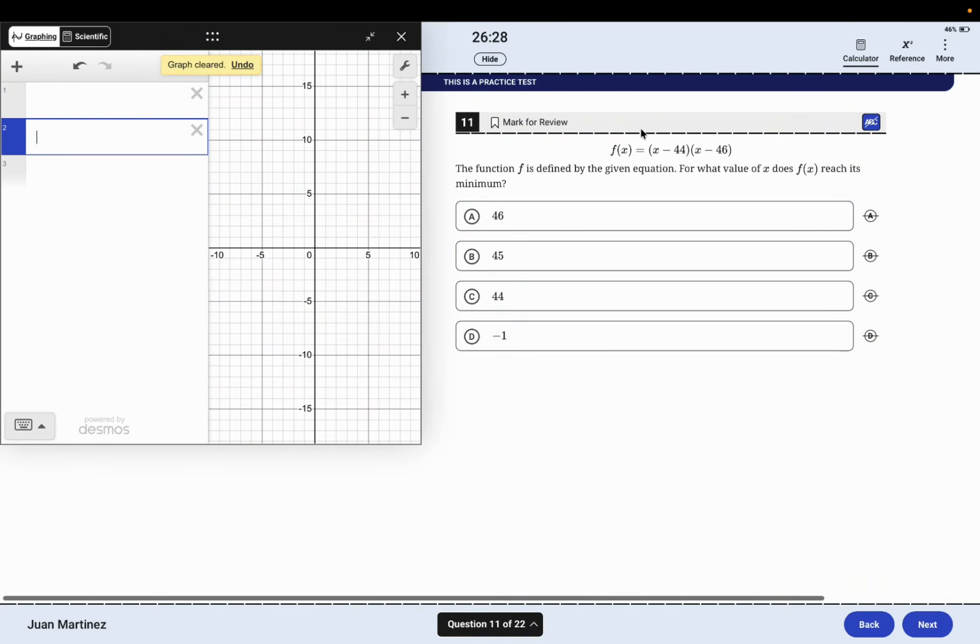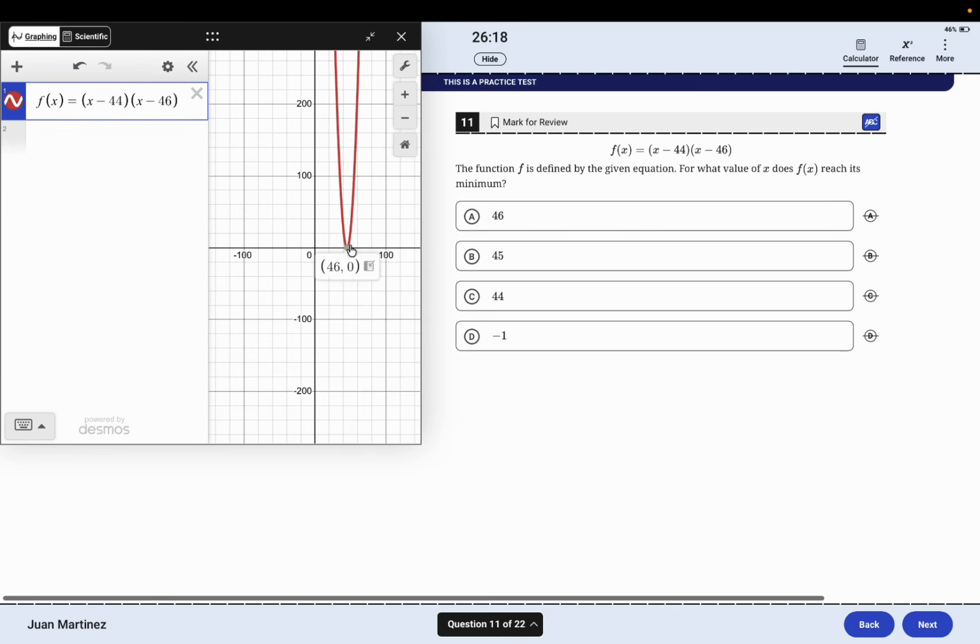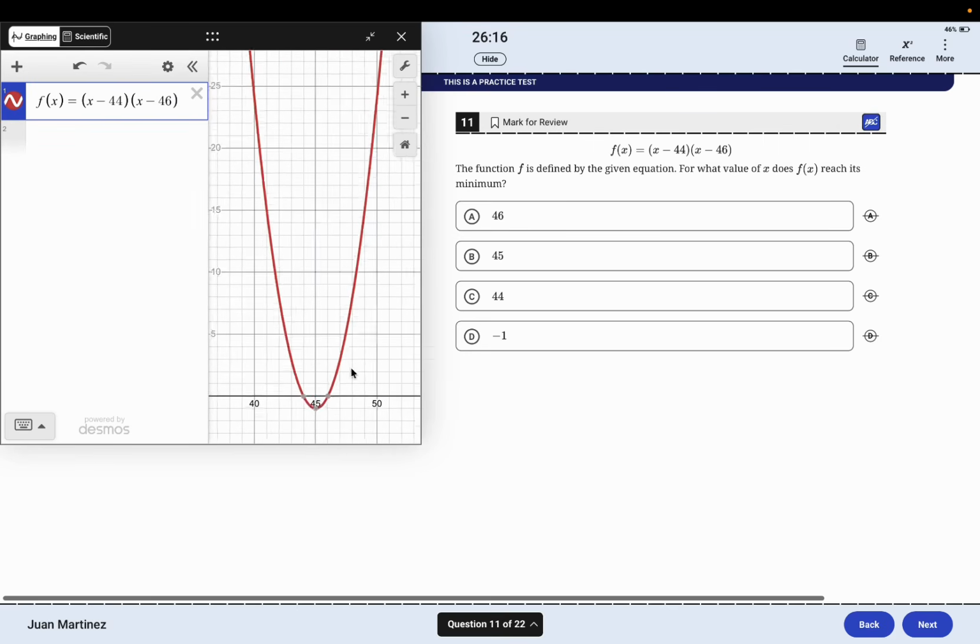This one's when it reaches the minimum. So we can just graph this and check. x minus 44, x minus 46. It reaches its minimum at x equals 45.